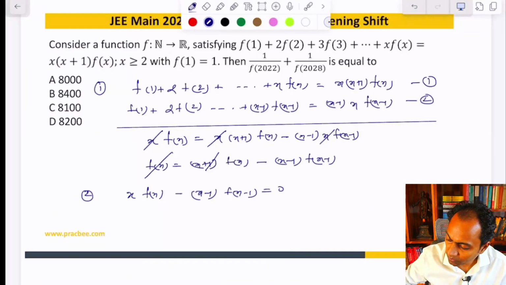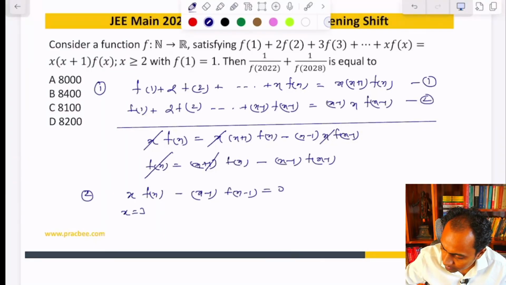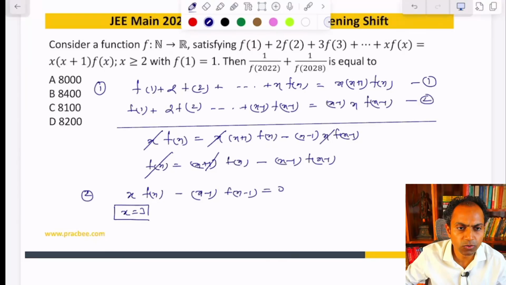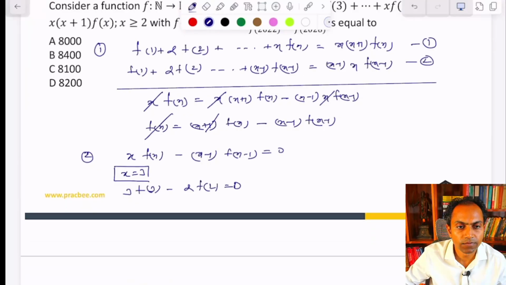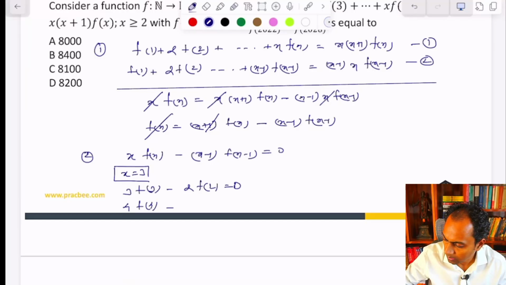Now if I start putting values of x, we will have to put the value of x as 3 here. Why 3? I will explain in a minute. So if I put 3 here, this becomes 3 into f of 3 minus 2 into f of 2 is equal to 0. Now similarly, we will put the value of x as 4. So this will become 4 into f of 4 minus 3 into f of 3 equal to 0.